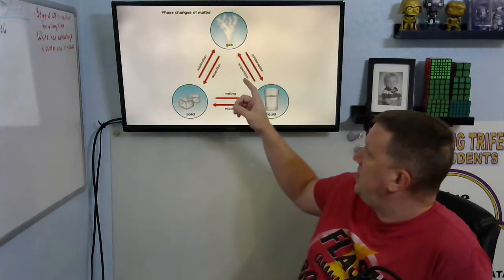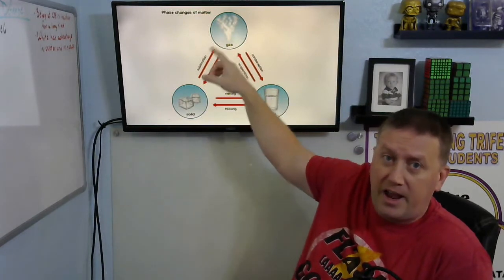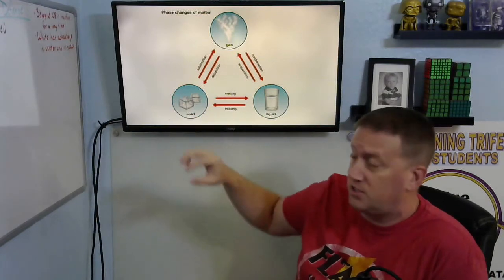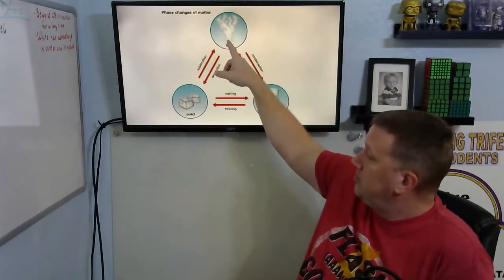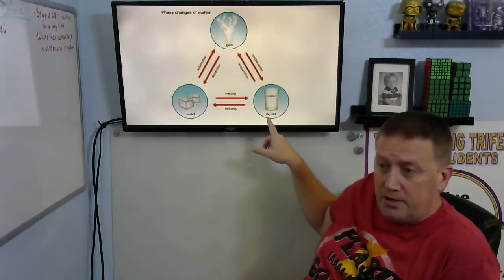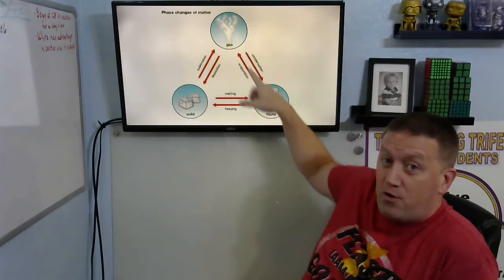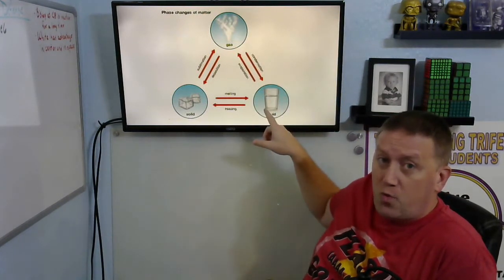So here we see gas. When water is in a water vapor state, the gas phase, if it is going to change from gas to a liquid, we call that condensation. We see we have this arrow here that's pointing from gas to water.